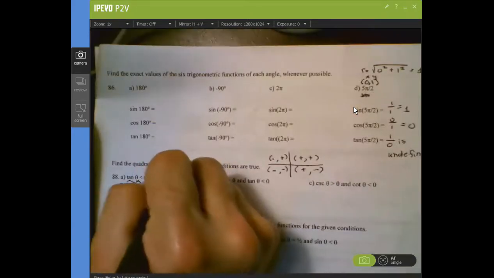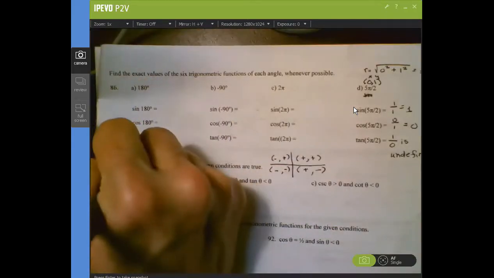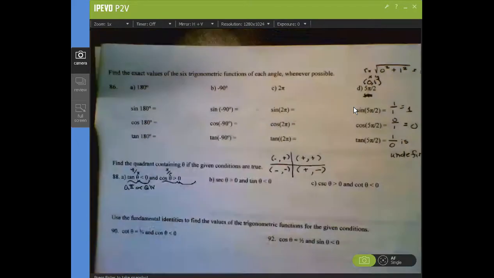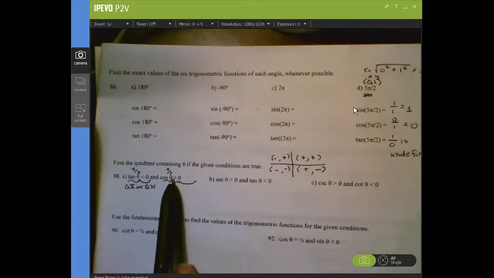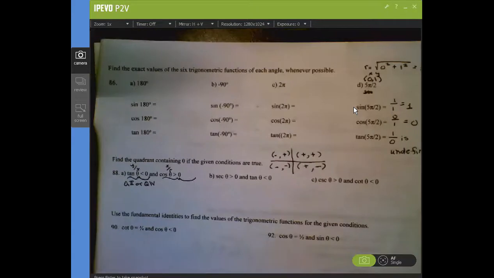But what about the quadrants in which cosine is positive? Cosine is your x over r. And if your radius is the square root of a squared plus b squared, your radius is always positive. So you really only need to find where your x's are positive, and your x's are positive in the first quadrant and the fourth quadrant.